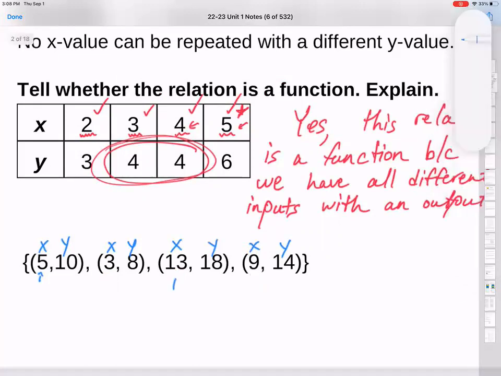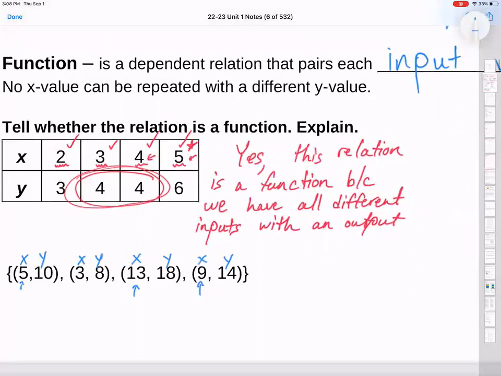Now we move on to 13 for that x value. We don't have any other x values that are 13, so he's okay. And then finally, we look at 9. There are no repeating x values of 9, so yes, this relation is a function.